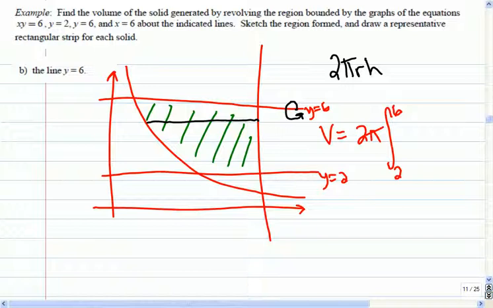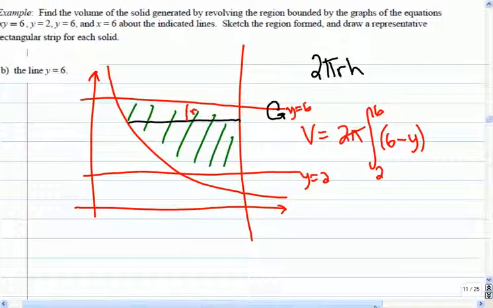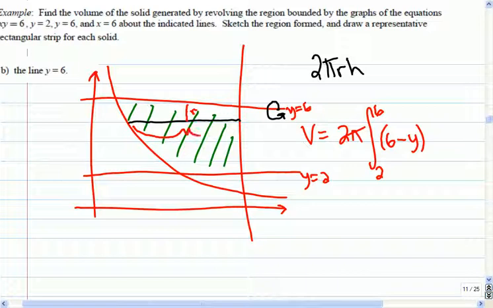If you picture it spinning parallel, this is my radius here. So the radius function is going to be 6 minus whatever the value of y is. And the height of the disk is this piece here. So the height, again, is going to be 6 minus 6 over y.